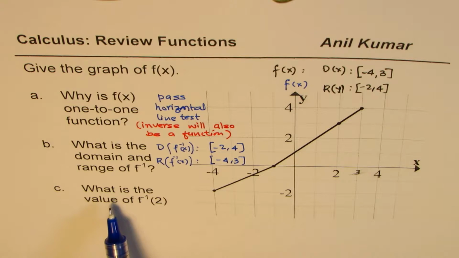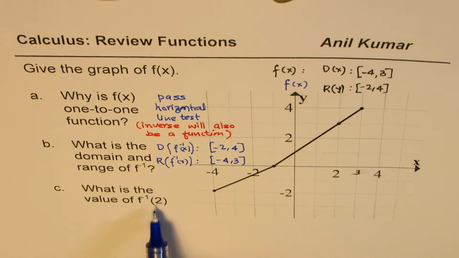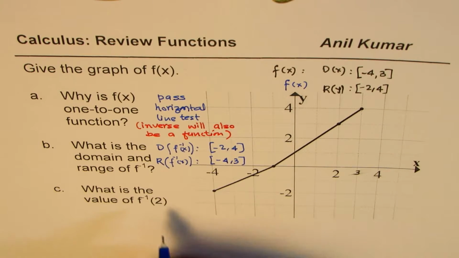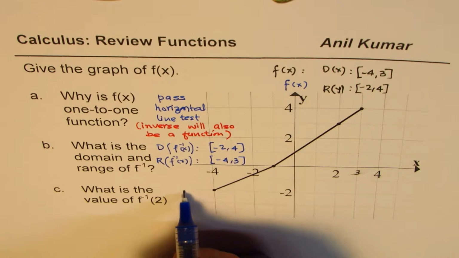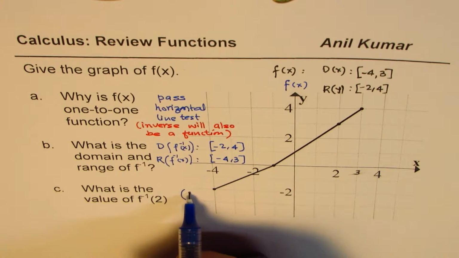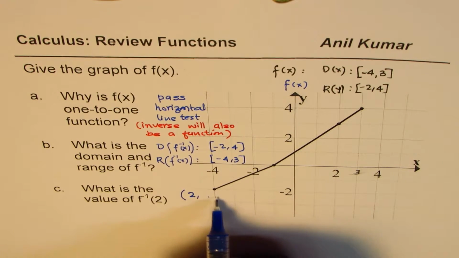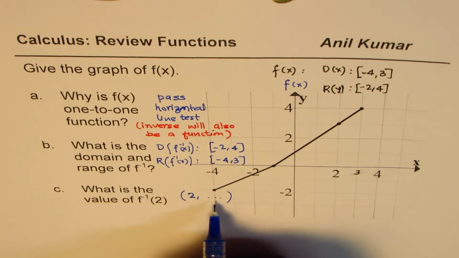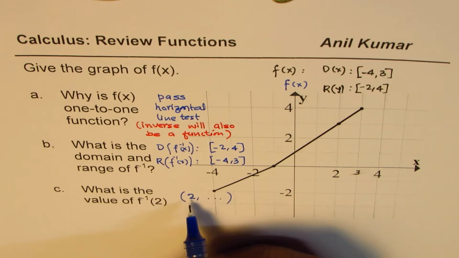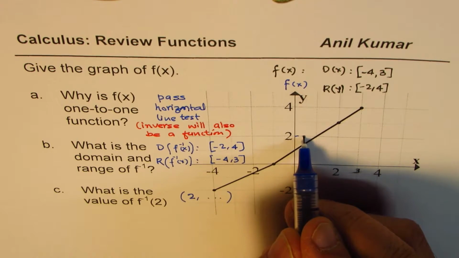Now, the third part is, what is the value of f inverse 2? F inverse 2 really means that when the input of the inverse is 2, what is its output? That is what we need to find, right? So that will be, for the function, what is the value of x for 2 as the y value?